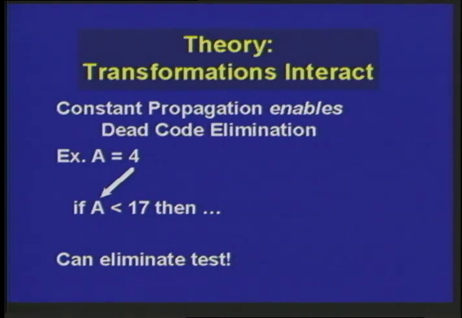If we actually constant propagate that value, we can perform the test at compile time and therefore eliminate it. So here's one example where if I do the one transformation, constant propagation, I can do another, which hopefully will lead to better performance. I've eliminated a test.